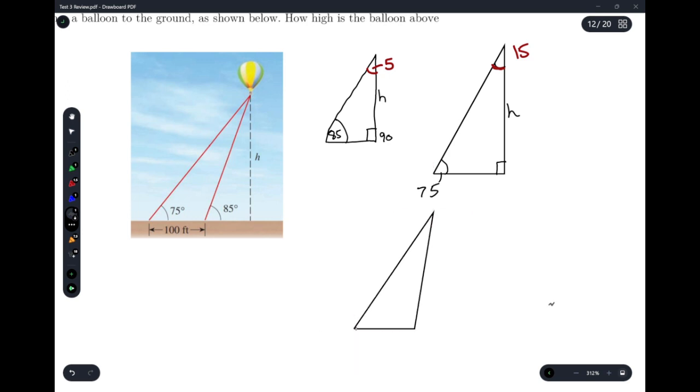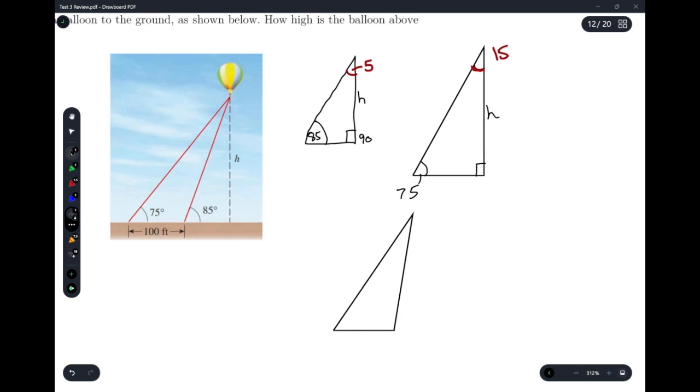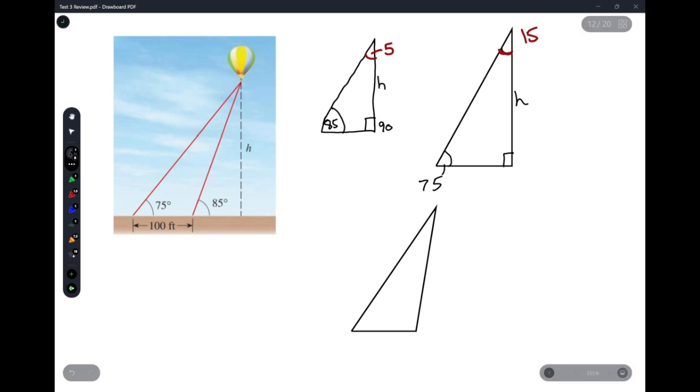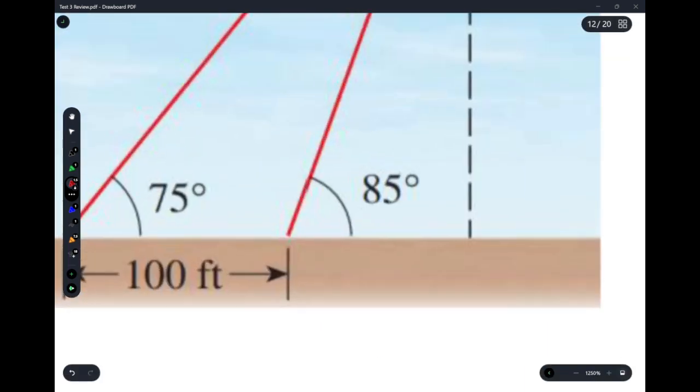Wonky triangle time. This is where we get all of the money from. Do we know anything about this wonky triangle? We know 75. What else do we know? We know 100 for sure. Oh, this is the first side length we've had all day. That's really nice. Do we know any of the other angles? We totally do, right? 180 minus 85.